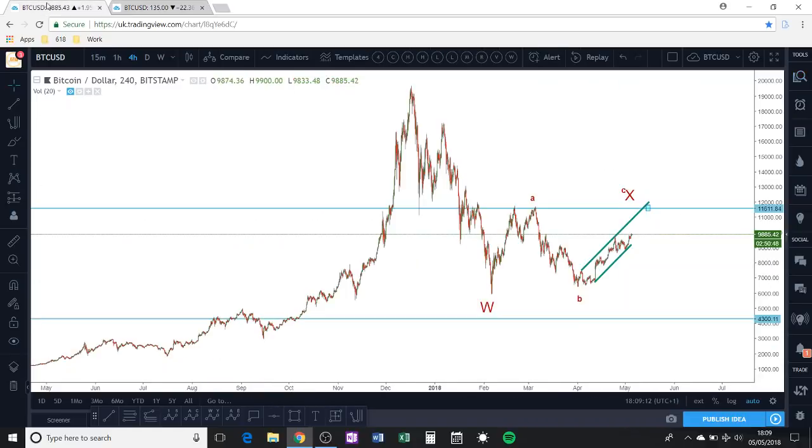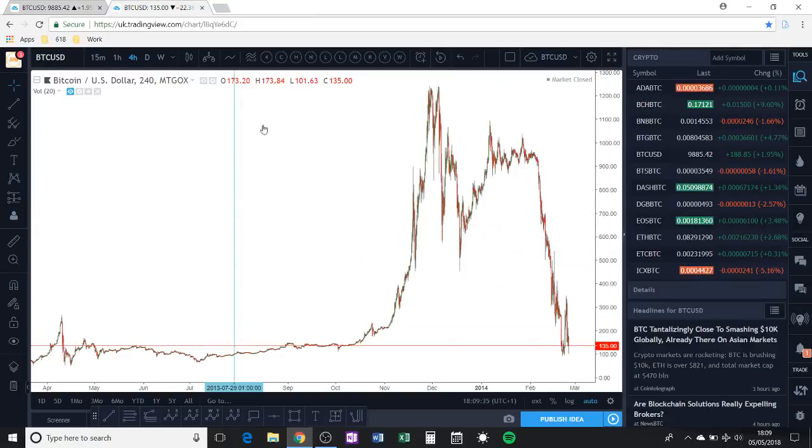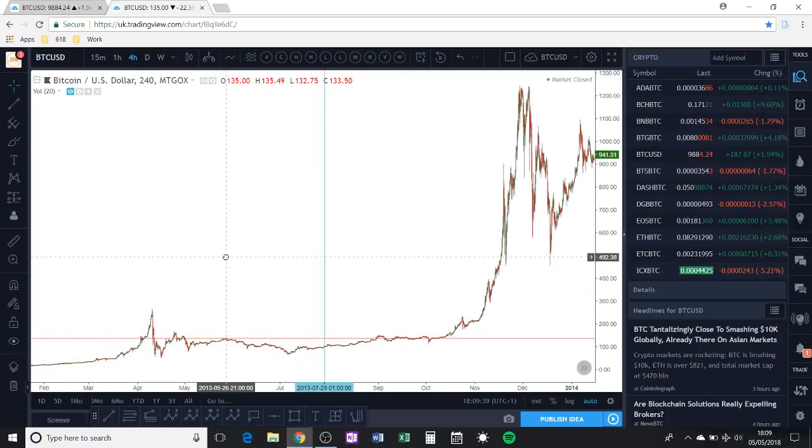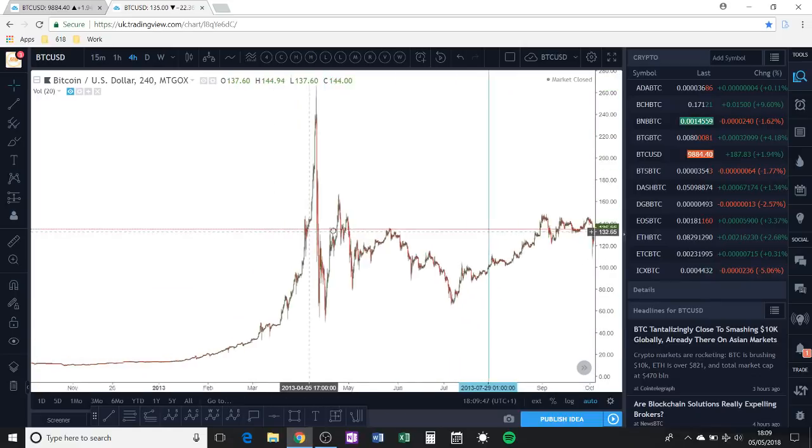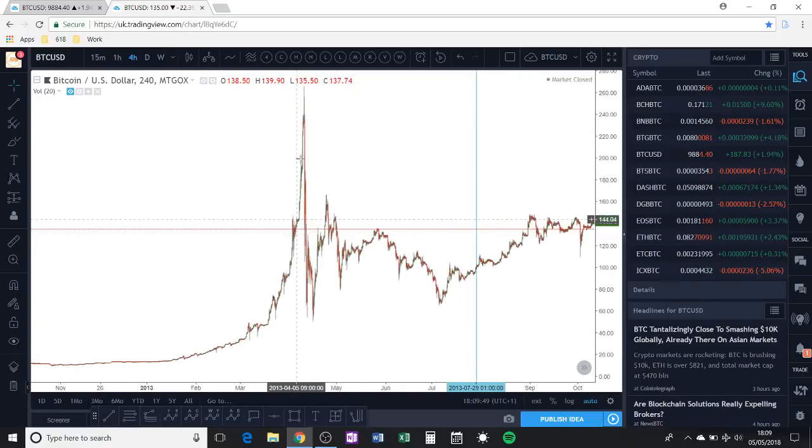But basically, to understand this, if this is going to be a wave 4, the best thing to do is to look at the last previous major wave 4, which would have been wave 4 of wave 1, which, as I say, 2014 was the high, the top of wave 1, up to $1,200, and prior to that we had wave 3 up to here, up to around $260. And then we had wave 4.